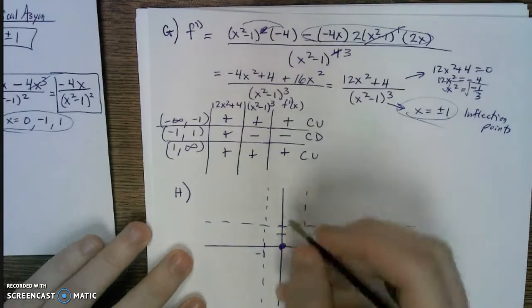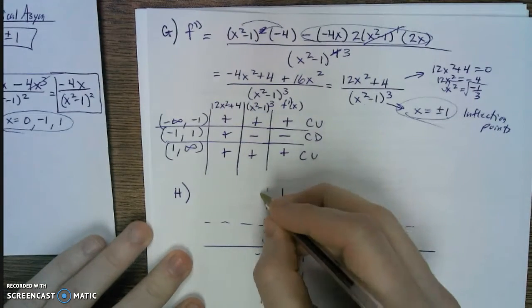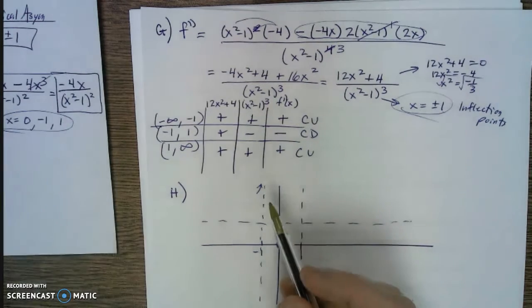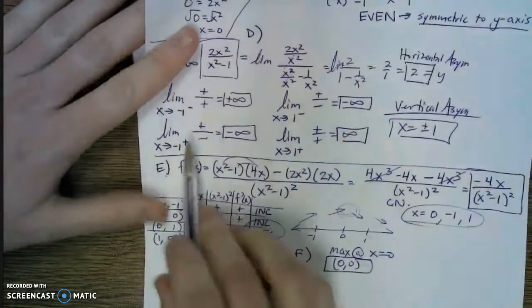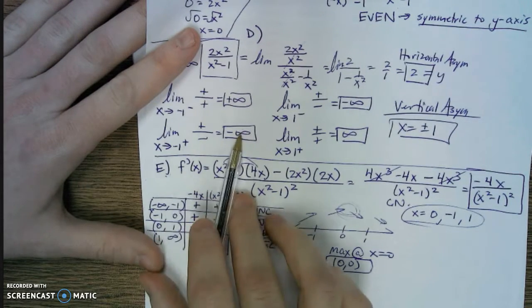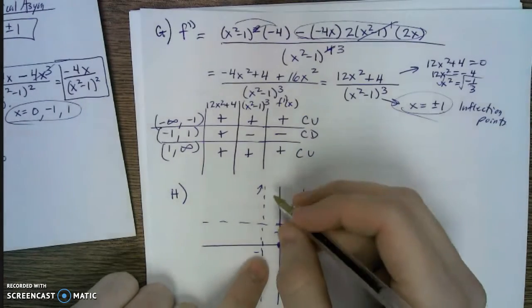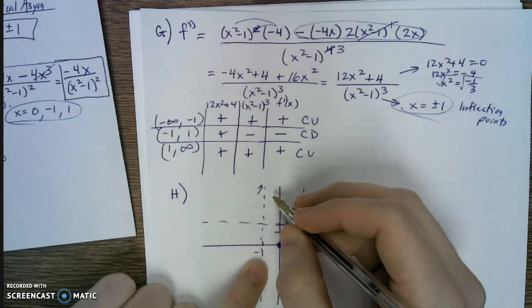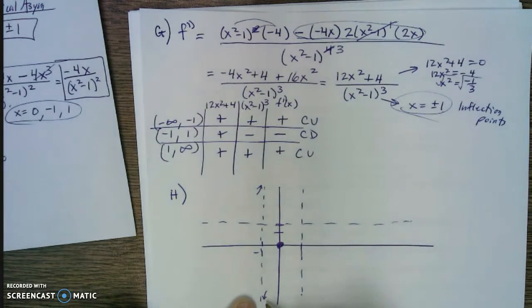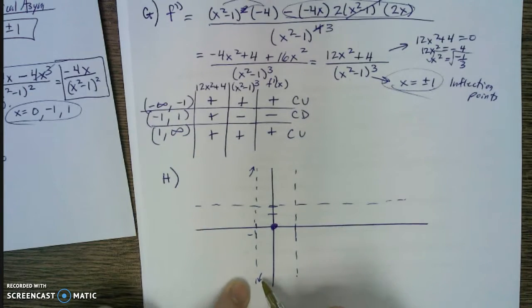So the left side of -1 is going up. So I'm going to put a little arrow there. I've got the right side of -1. -1 from the right is going down. So -1 from the right, we're going to be going down. So I'm going to put that arrow here, because this is where it would go to -infinity.